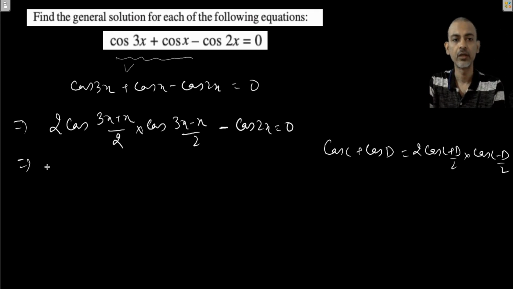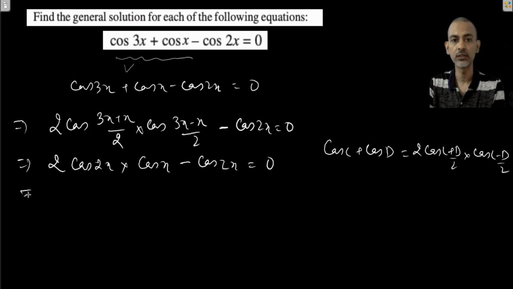Now 2 cos of (3x plus x) by 2 becomes 4x by 2, which is 2x, so cos 2x. And (3x minus x) by 2 is 2x by 2, which is cos x. So this is cos x, and then I'll have cos 2x as well.